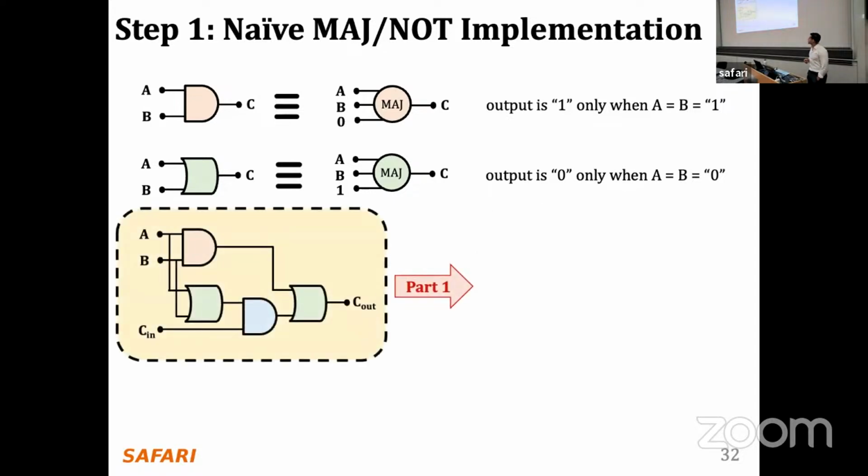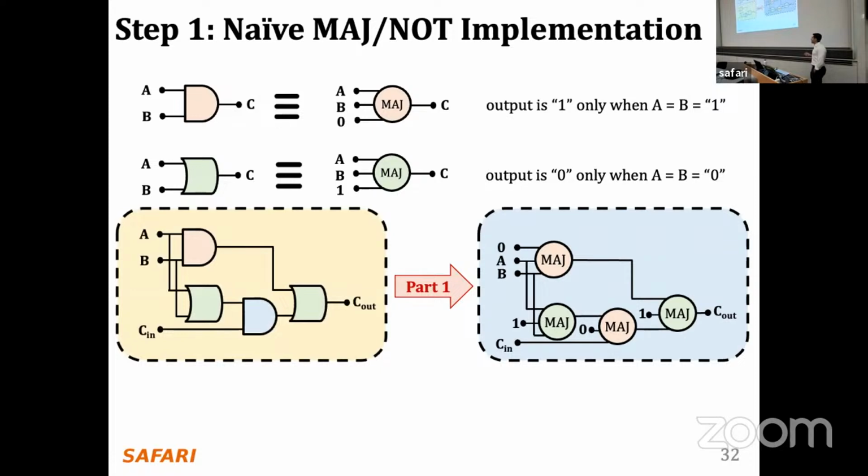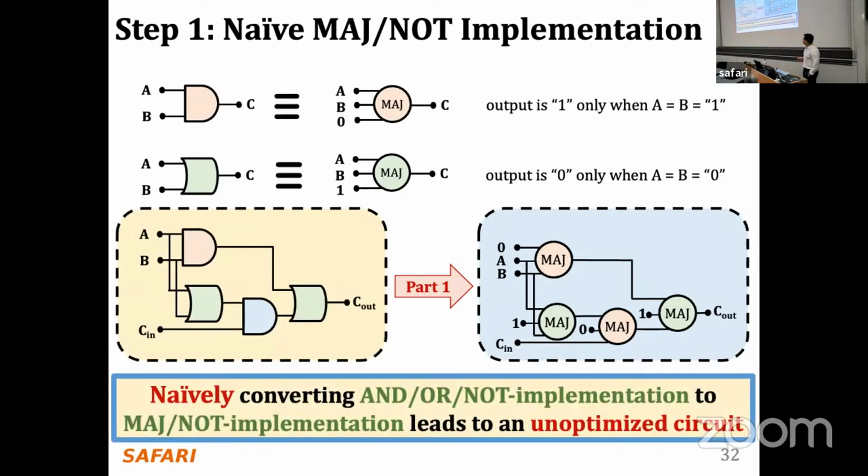So you can take our initial graph, use this equivalence, and each gate is going to be replaced by the equivalent majority gate, giving the majority-inverter version of the same circuitry.